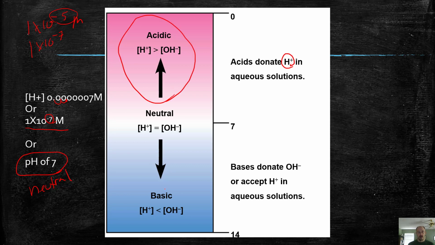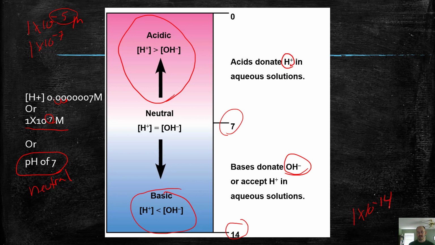If we add OHs, or we add something that pulls hydrogen ions out of the solution, we become more basic. And notice what happens to pH then. Neutral is a pH of 7, or 1 times 10 to the negative seventh hydrogen ion concentration.